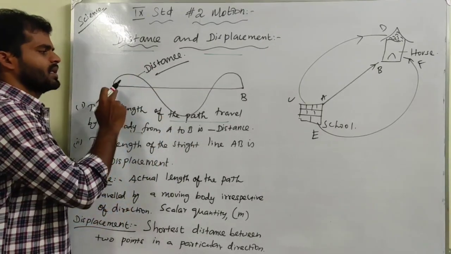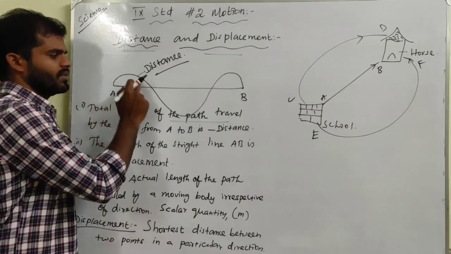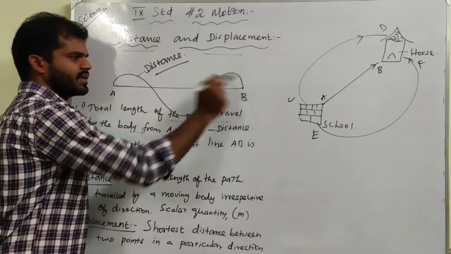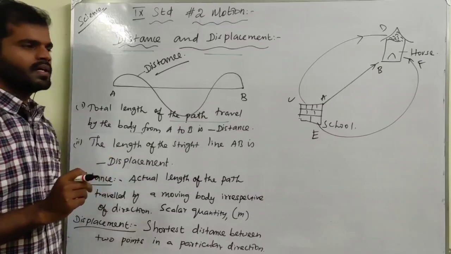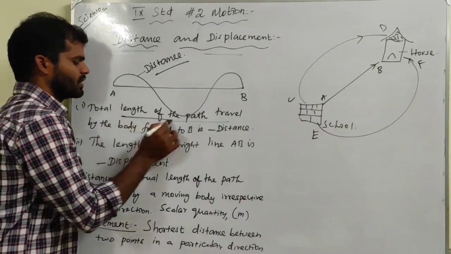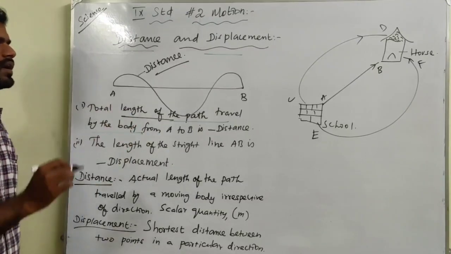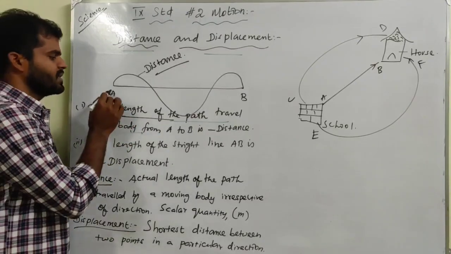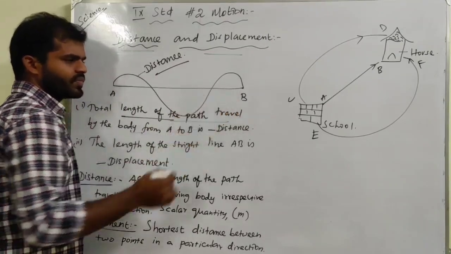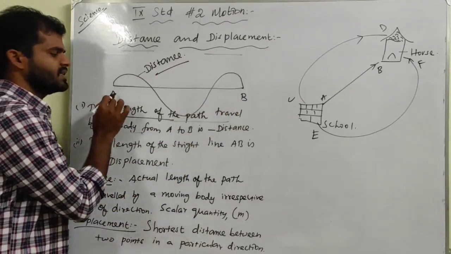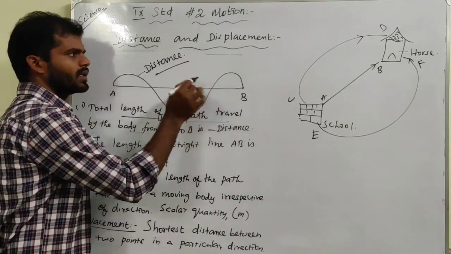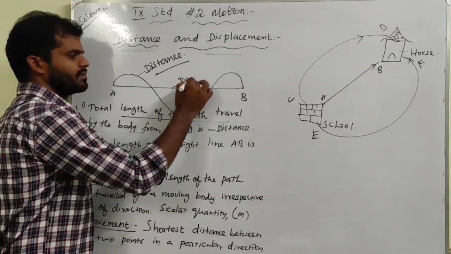For example, the object moves from here, goes in this direction and reaches B, that is called distance. The total length of the path is called distance. What is called displacement is when the object moves in a straight line, which means the shortest distance from one point to another point is called displacement.